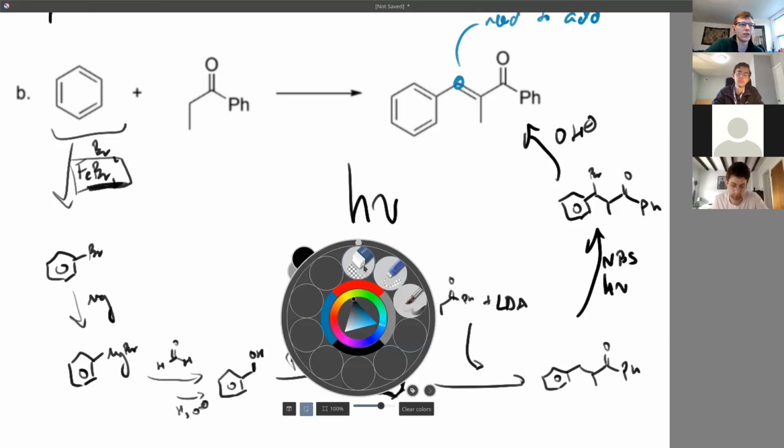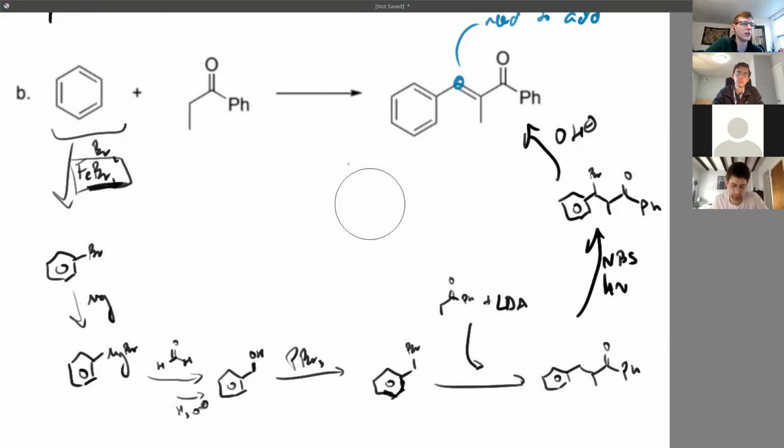However you want to write light or heat, NBS doesn't actually need UV light, I don't think, but I could definitely be wrong. So you could write heat or whatever, either way. In practice, I think they just put the reaction flask on a lamp or something, and they just let it sit there.